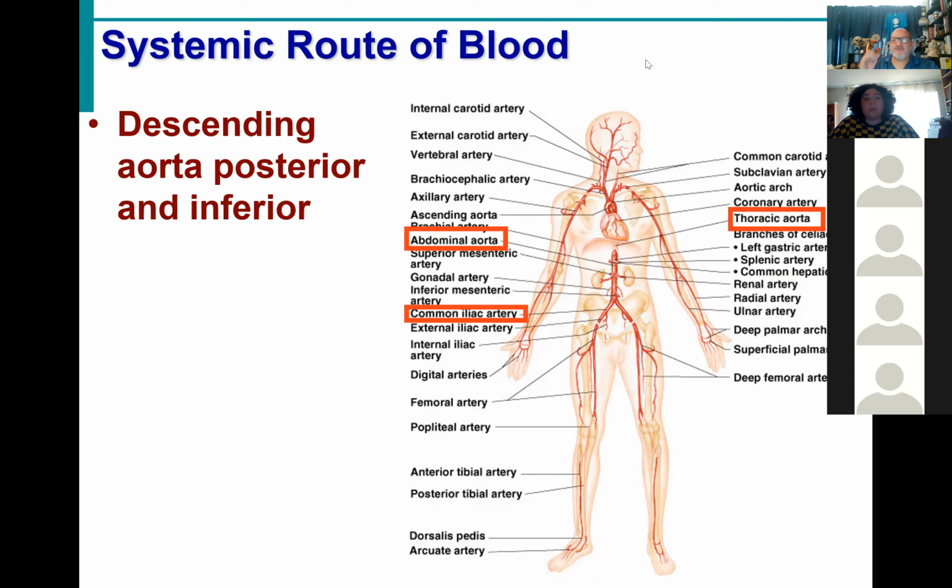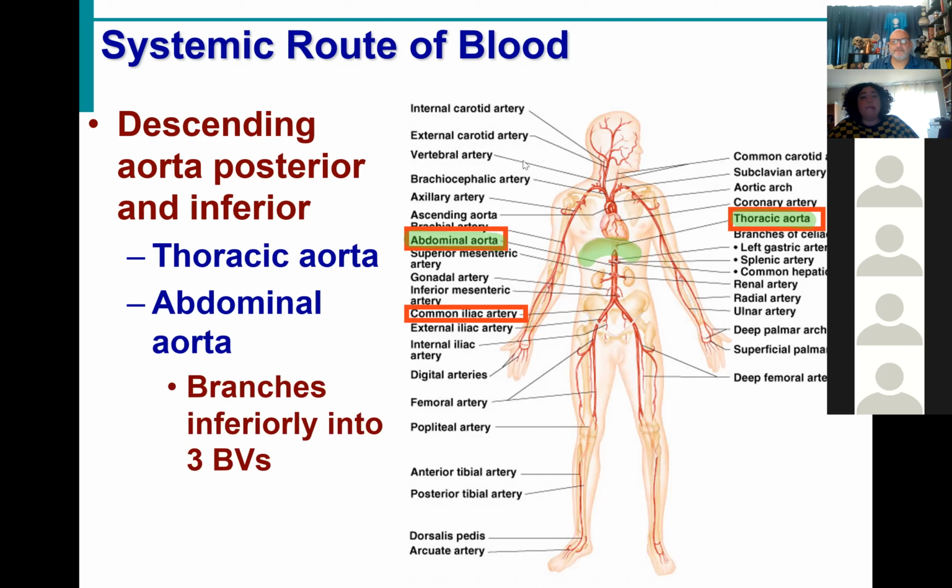So it makes much more sense to me to use that big anatomical division, the diaphragm, to separate the descending aorta. The part above the diaphragm is, of course, the thoracic aorta, and the part below the diaphragm is the abdominal aorta. And we'll get to that in a second.